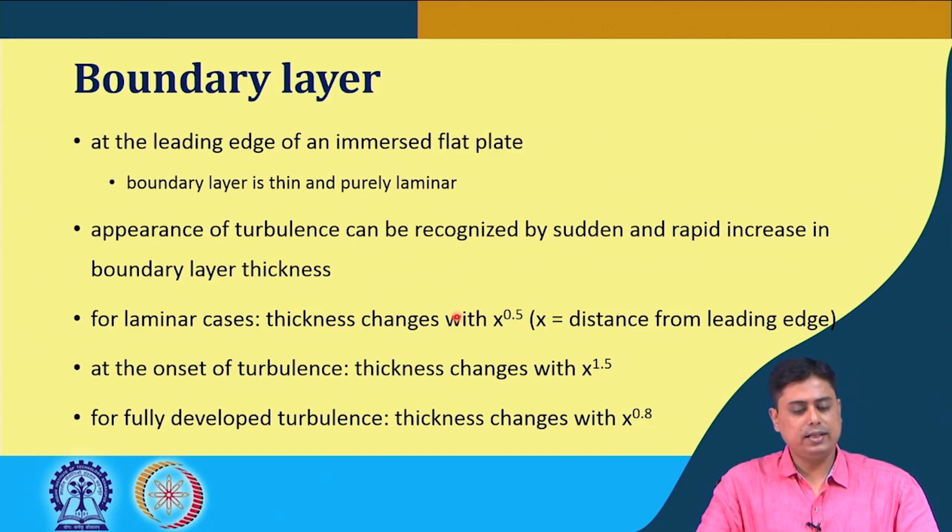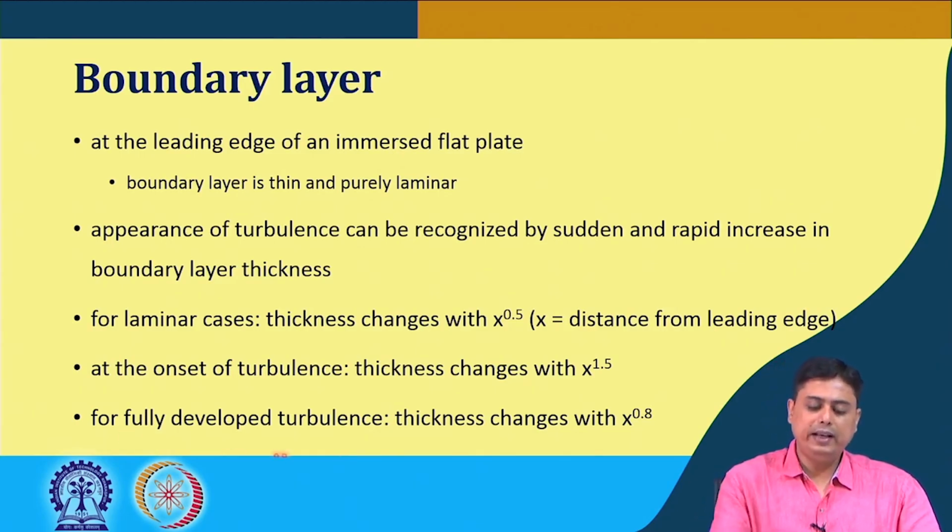And at the onset of turbulence, when there is a sudden change in the boundary layer thickness, the thickness changes with x to the power 1.5. It changes rapidly. These indices indicate the rapid change of the boundary layer thickness as we go from the leading edge to its tailing end.